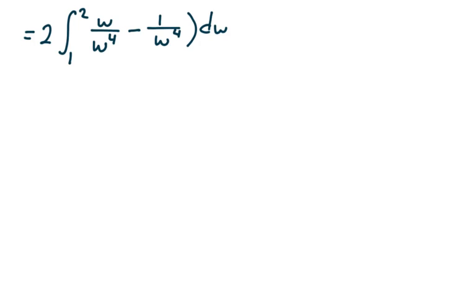So this is 2 times the integral from 1 to 2 of w over w to the 4th minus 1 over w to the 4th dw. So this is one of those double substitution type problems. So this is 2 times the integral from 1 to 2 of w to the negative 3 minus w to the negative 4 dw.